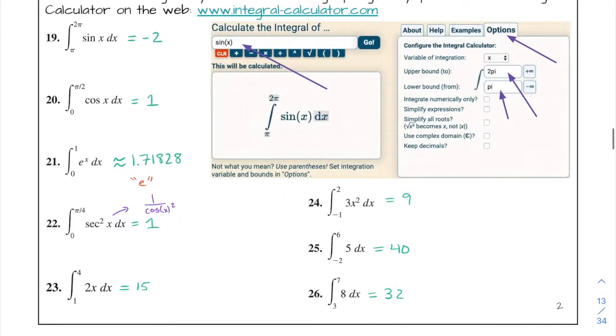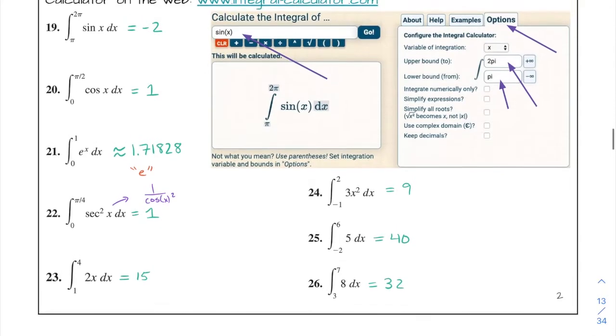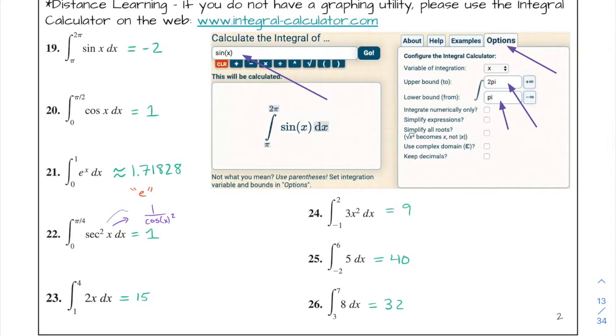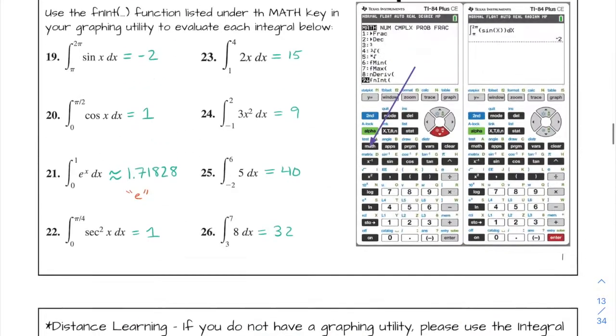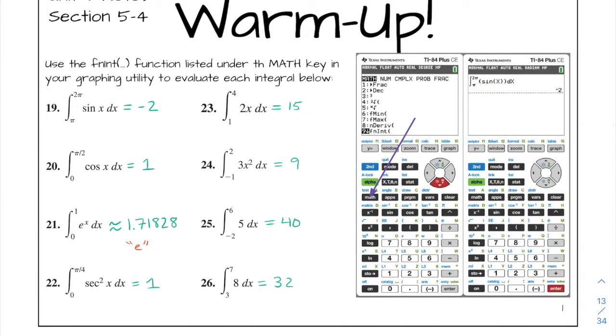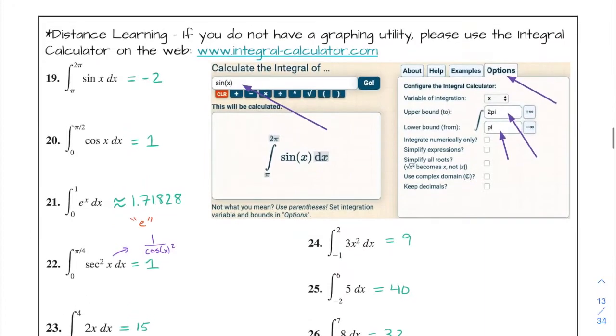For this one, I think you can type in secant squared and it will do it, but in your graphing utility, you will have to leave it as 1 over cosine squared. For this on the computer, it should work.